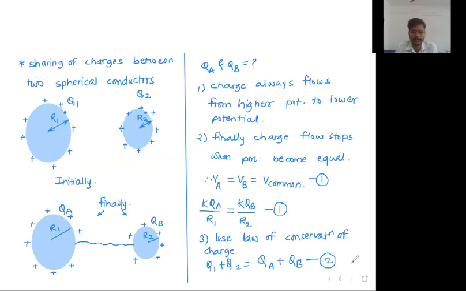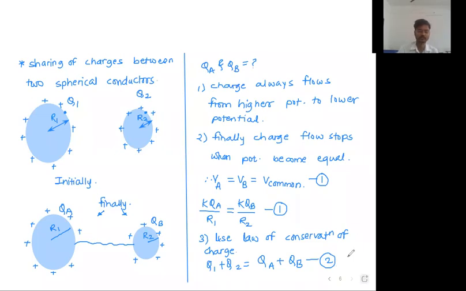Two equations, two unknowns should not be a big deal. That's it. After solving these two equations, what you get is this.